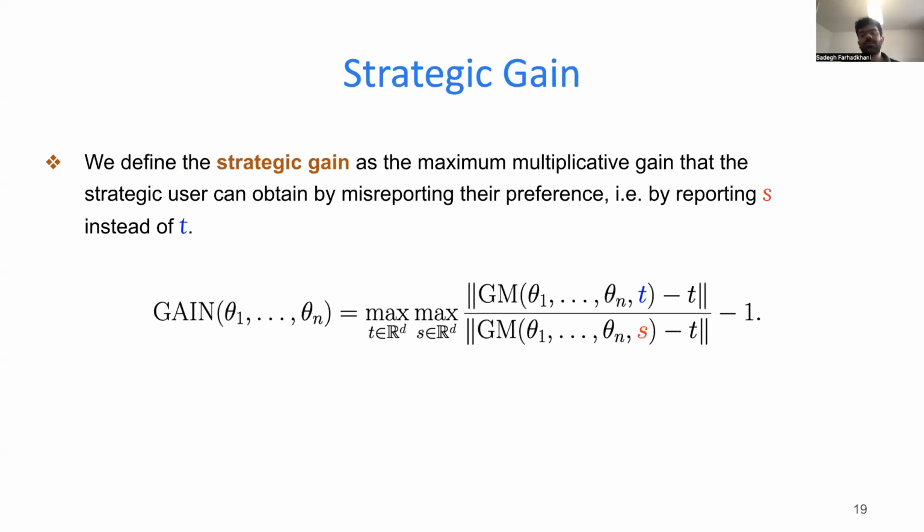For this, first we define what we call the strategic gain, which is the maximum ratio between the distance of the geometric median to the target vector with a truthful report to this distance with a strategic report. Intuitively, we want this strategic gain to be as small as possible, and if it's equal to 0, the system is completely strategyproof. For instance, it's equal to 0 for the median, which we just saw, and the median is strategyproof.